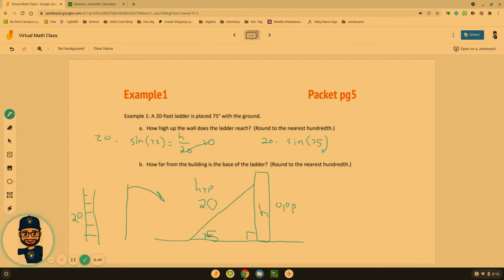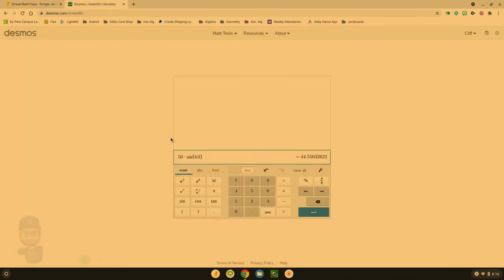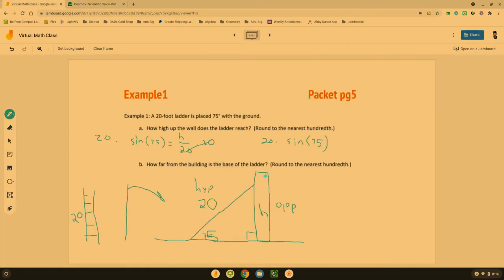So again, we're going to go back to Desmos. 20 times the sine of 75 is 19.32 feet on the wall.